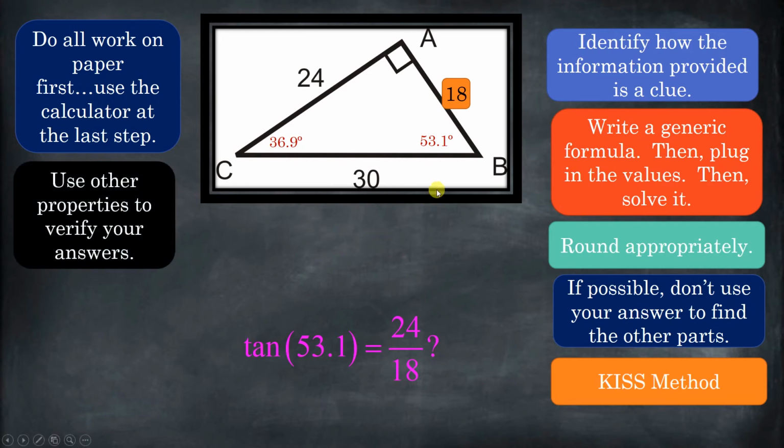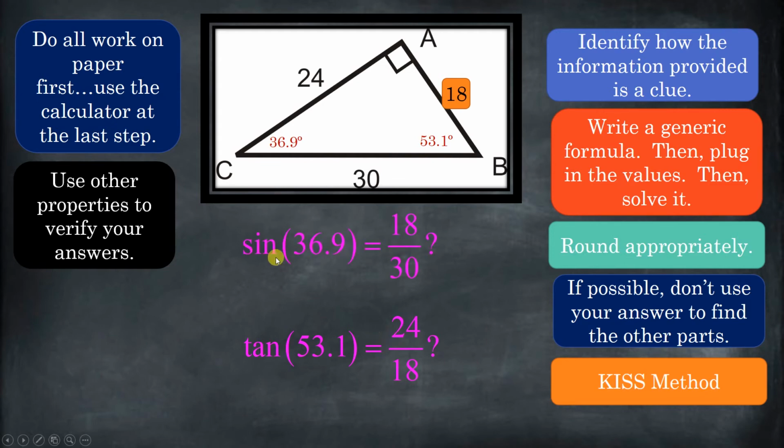Now what we want to do, we have the entire triangle solved. So what we want to do is we want to use the different properties than we use to solve it to verify our answers. So for example, if the tangent of 53.1 degrees turns out to be opposite over adjacent, so if that turns out to be 24 over 18, if you plug that into a calculator and you find out that's true, then you're probably right.